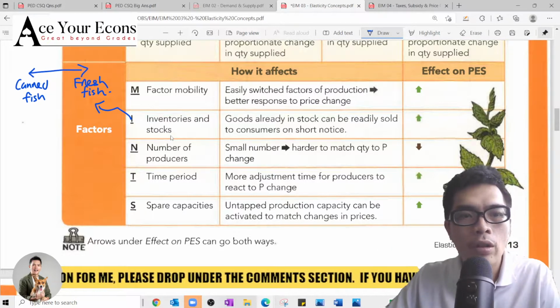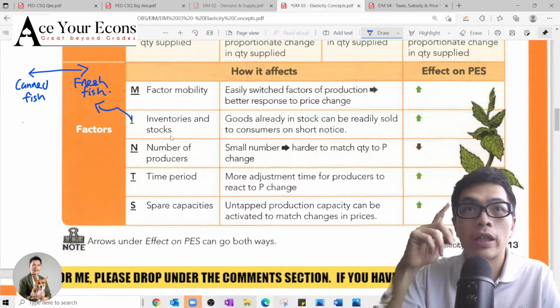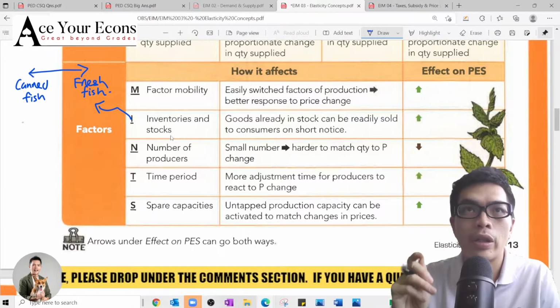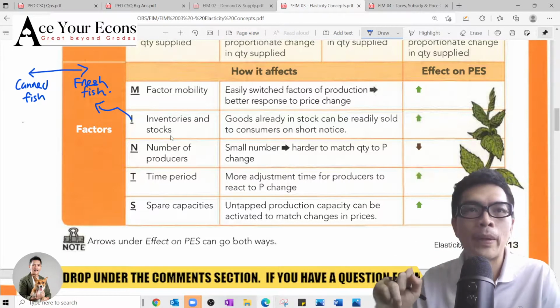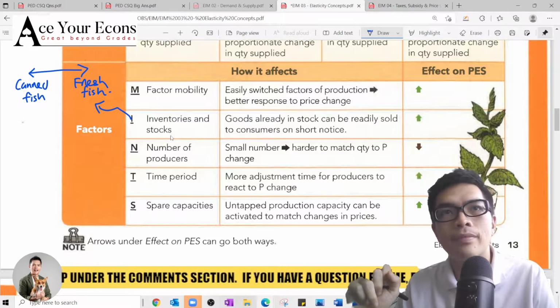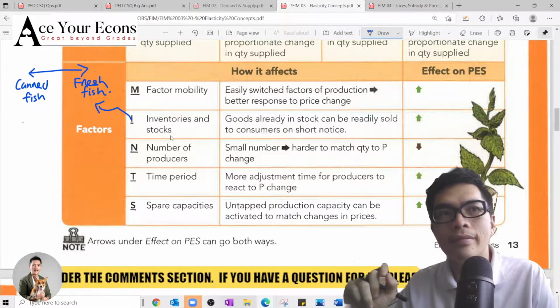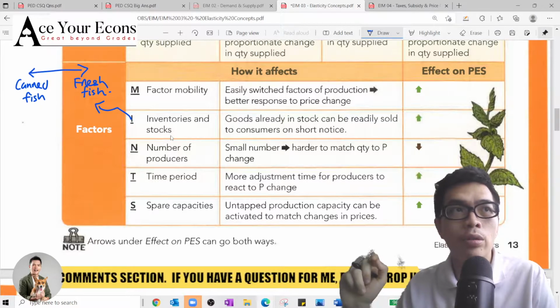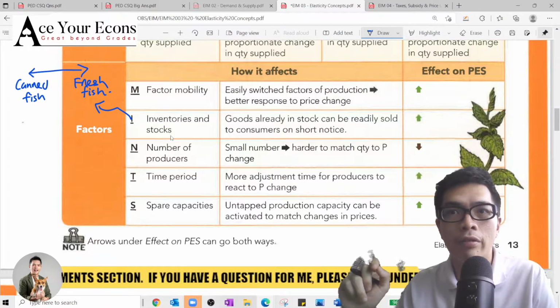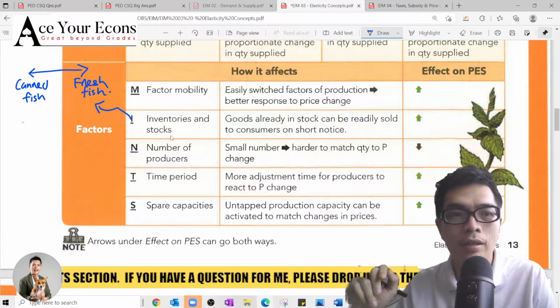And for inventory and stocks, I used one keyword to illustrate the key difference. I used a P word. Anyone remembers what's the P word that I used to differentiate between these two goods? How can these two goods be differentiated with one keyword? Good, Jiaming.